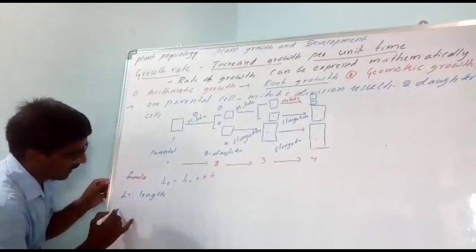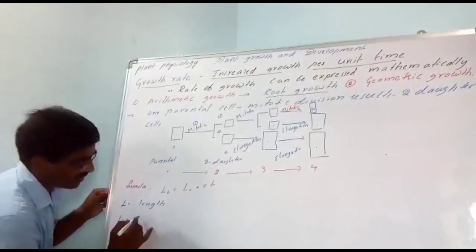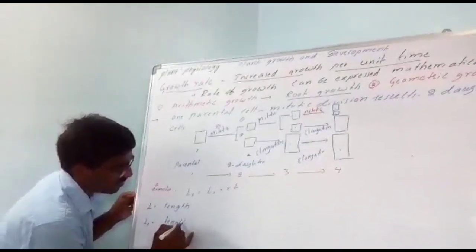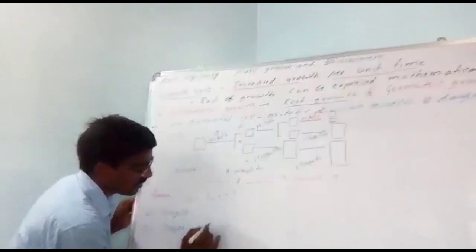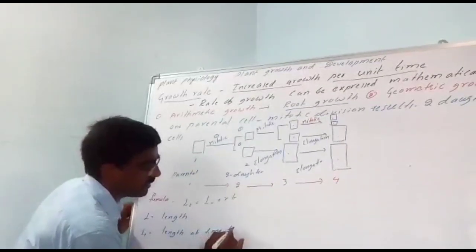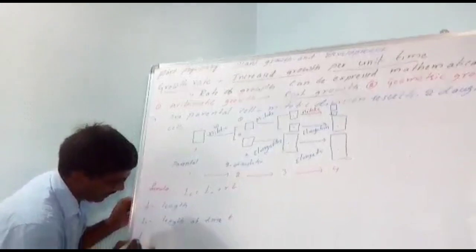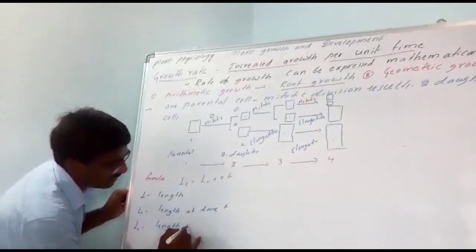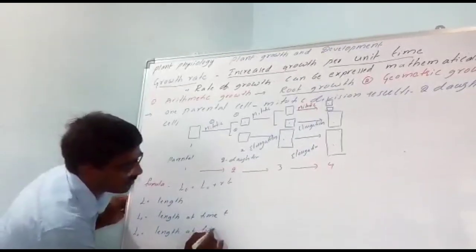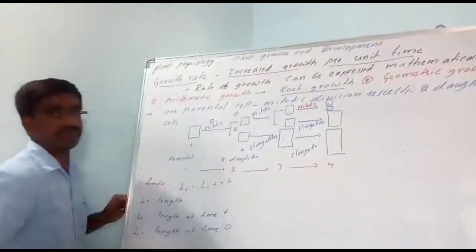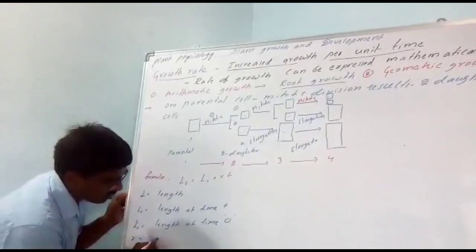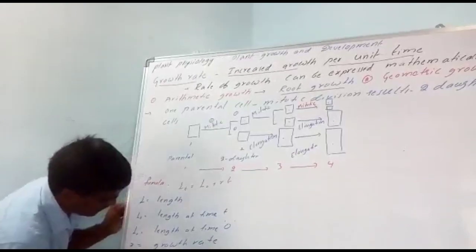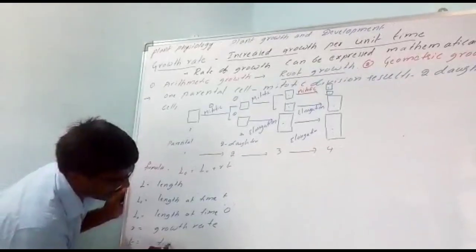Lt is the length of the plant at time t, meaning after some period of time. L0 is the length at time 0, meaning at the starting point. r is the growth rate, and t is the time period.